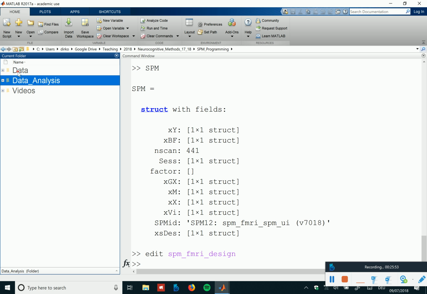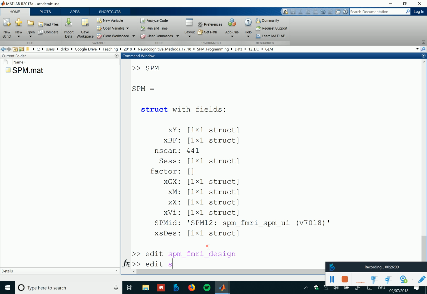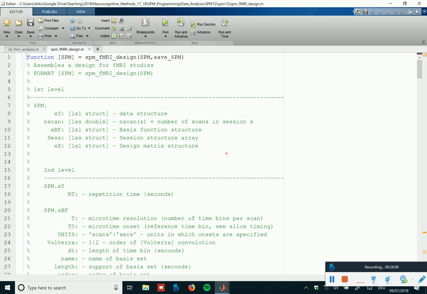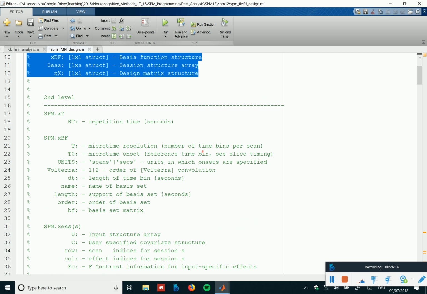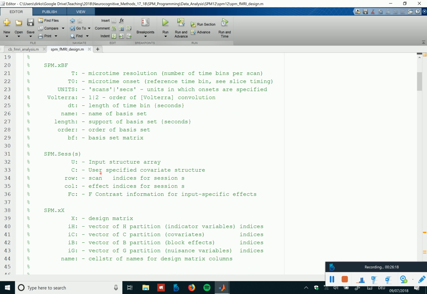So what I'm trying to say is that if one wants to know more about what actually these fields are, the only documentation for this is in the SPM code. So here there's some information of what these things are. So data structure, design matrix structure, and then specific things, what things are.